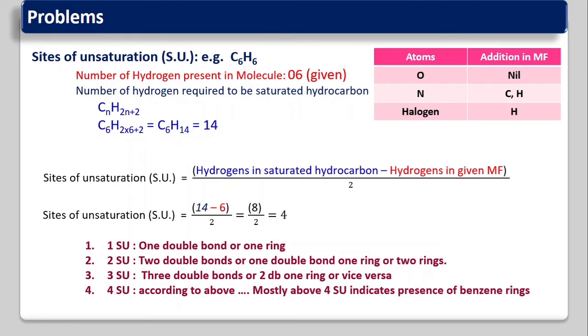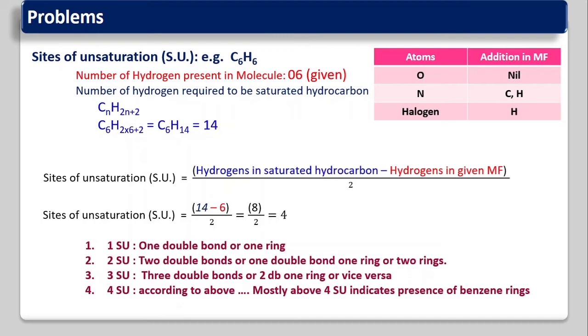If our compound contains 2 sites of unsaturation, then it might contain 2 double bonds, 1 double bond and 1 ring, or 2 rings. In this way we get information for structure determination. 1 site of unsaturation is equivalent to 1 ring, 1 double bond, 1 multiple bond, 1 pi bond. Suppose 3 sites of unsaturation are present in our compound, then there may be 3 double bonds, or 2 double bonds and 1 ring, or 1 double bond and 2 rings.